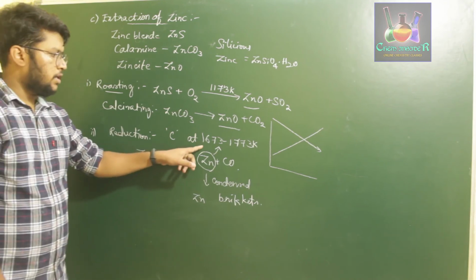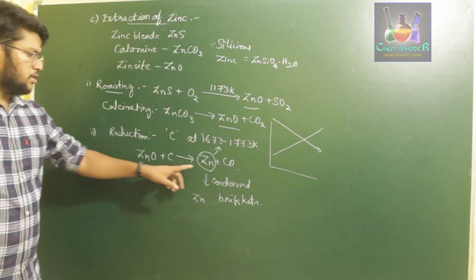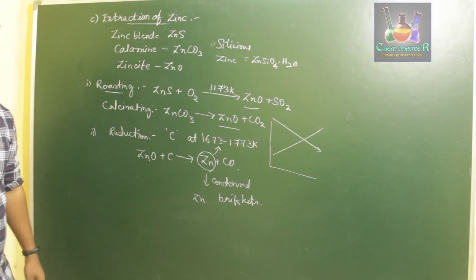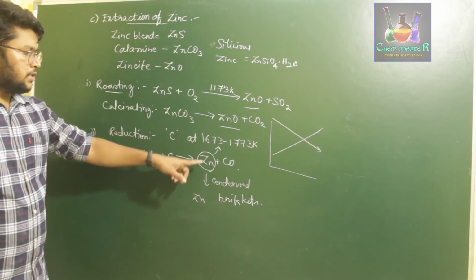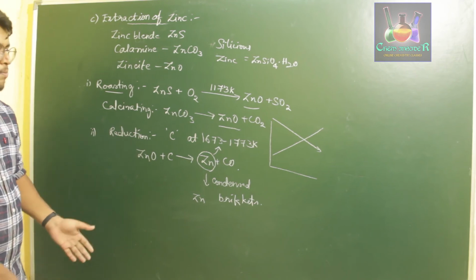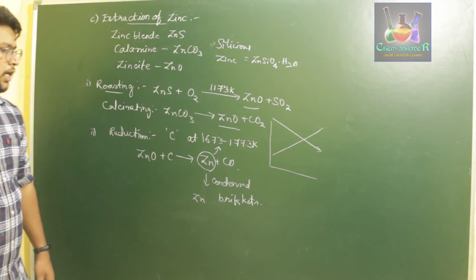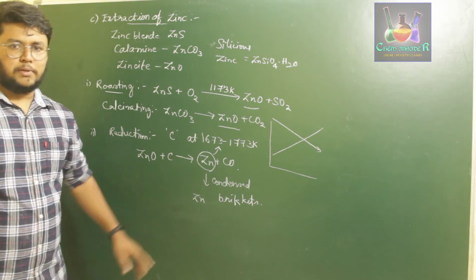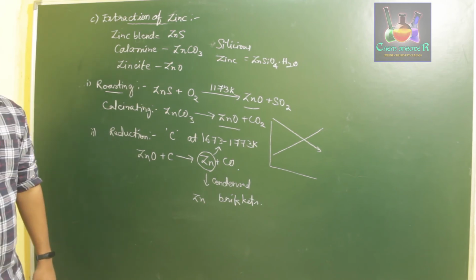At 1673 to 1773 Kelvin, we can reduce zinc oxide to zinc with the help of carbon. Once this zinc is formed, at this temperature zinc is volatile, hence it gets vaporized. The vaporized zinc metal is then condensed under chiller conditions, and we form metal zinc, also called briquettes. Okay, so this is how we extract zinc.